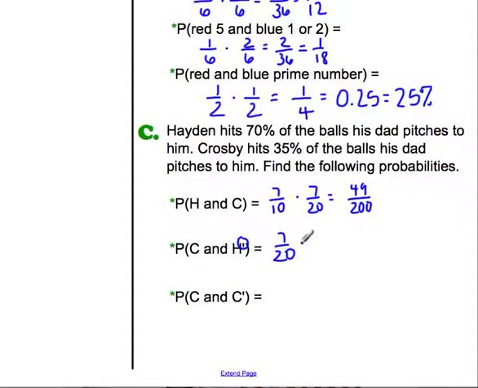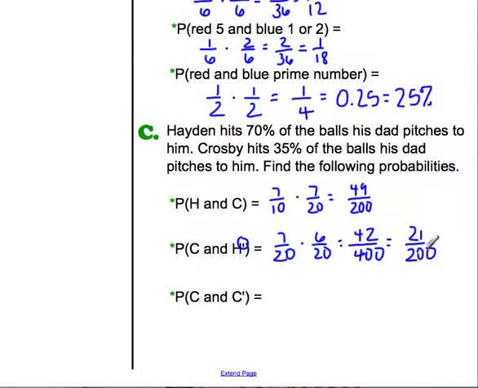And if we simplify 30%, we divide that by 5, we get 6 out of 20. When we go ahead and multiply those together, we get 42 out of 400, which if we simplify that down, we get 21 out of 200.